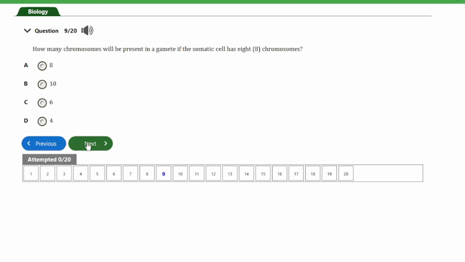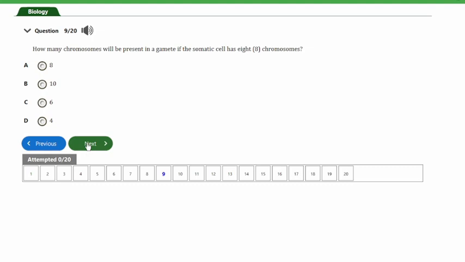So guys, the answer to this question will be half the number of the same chromosome. Remember that they asked how many chromosomes will be present in the gamete.